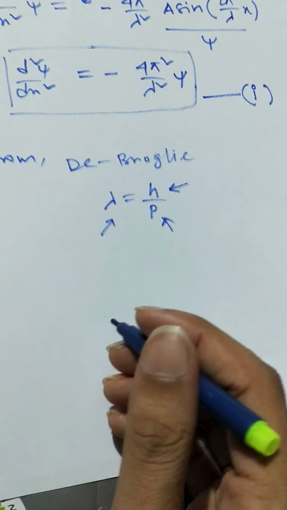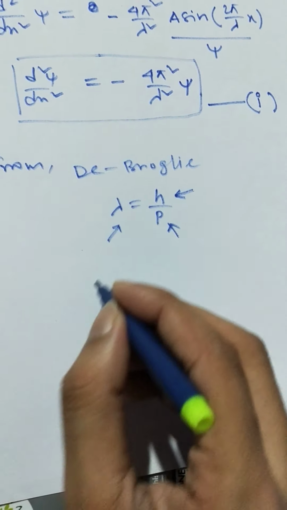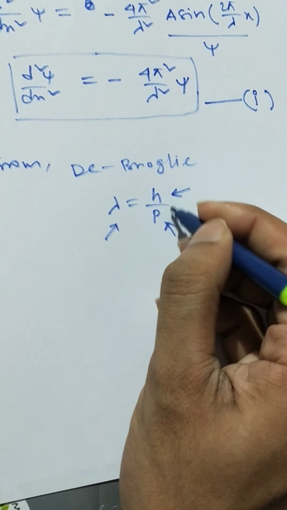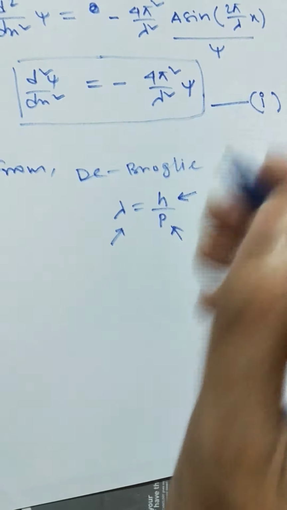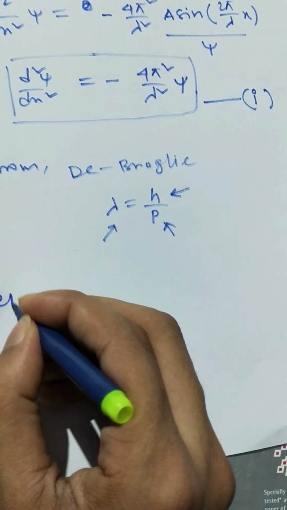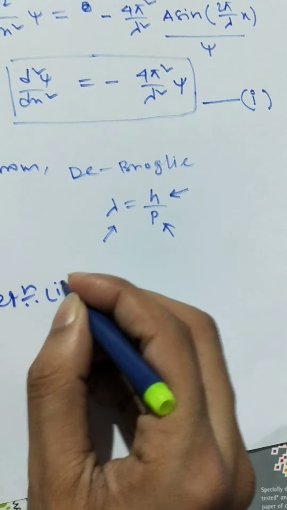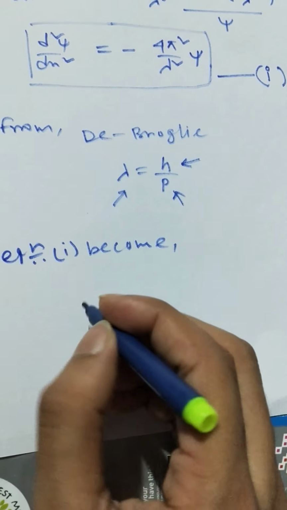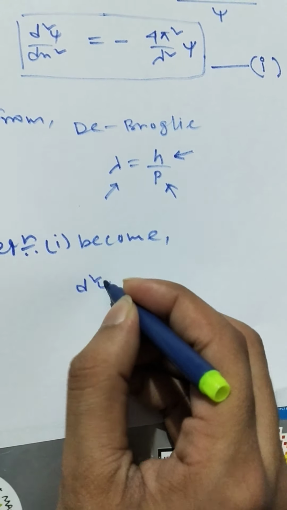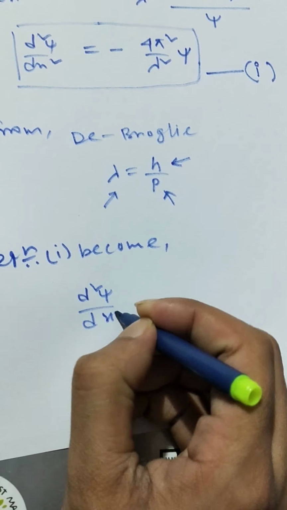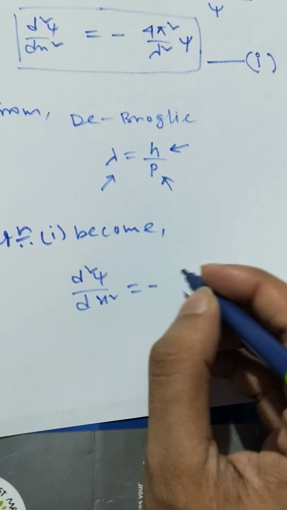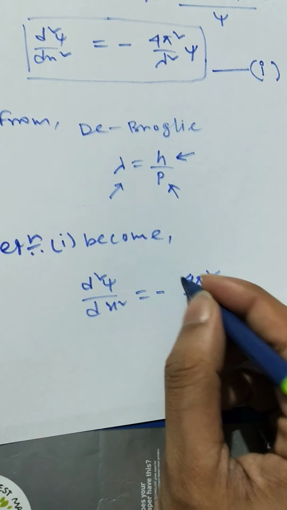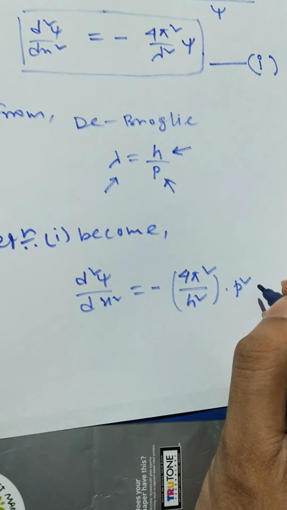Put the value of lambda, h by p, in equation 1, then equation 1 becomes d2 psi by dx2 equals minus 4 pi square by h square into p square psi.